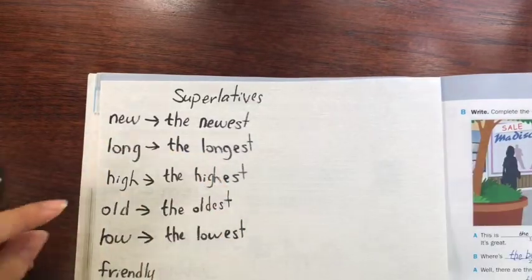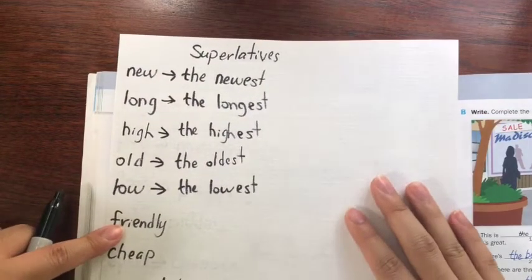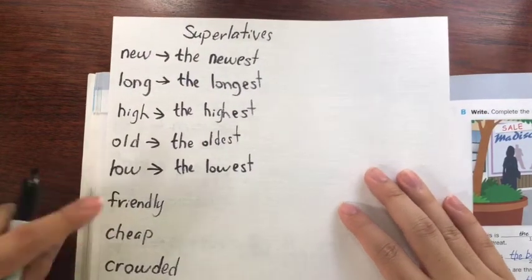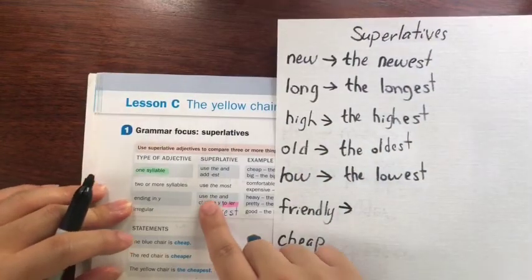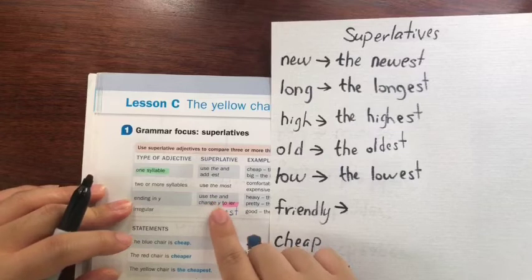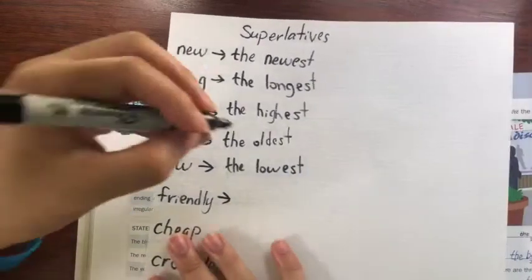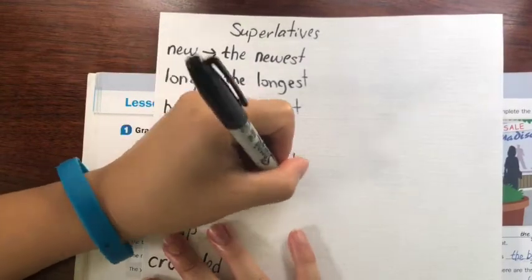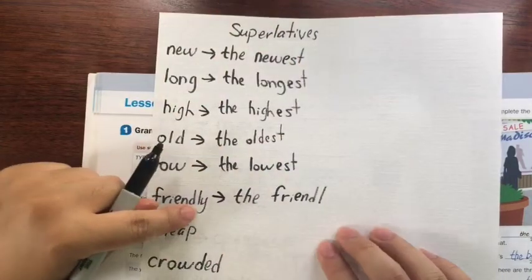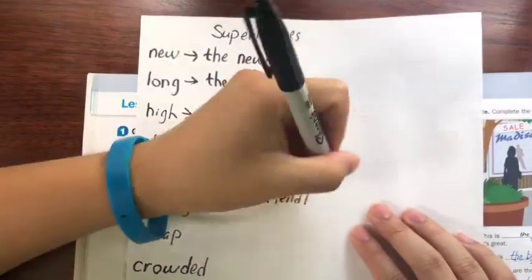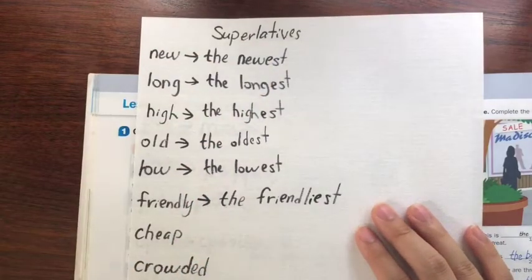The lowest. Friendly. Friendly ends with the letter Y. So what do we do with the letter Y? Use the and change Y to IEST. The friend, then we change Y for IEST, the friendliest.